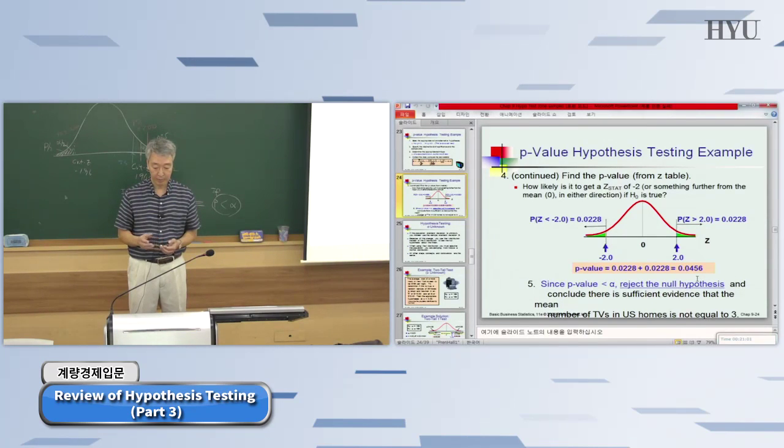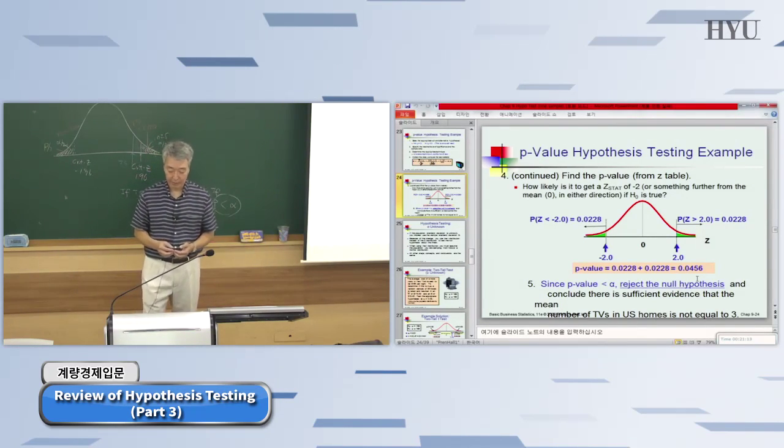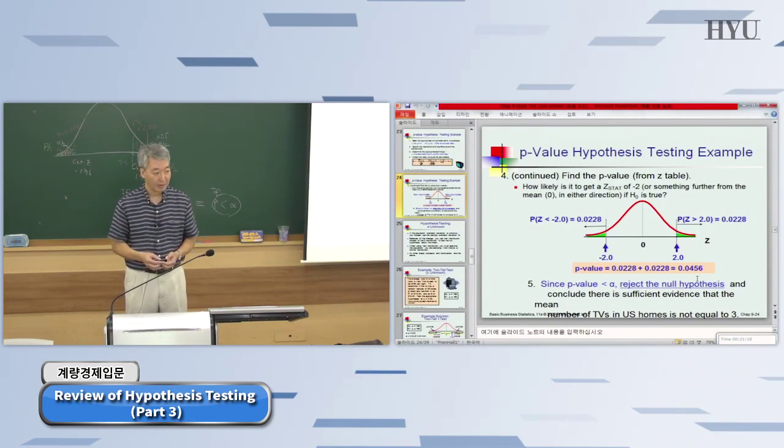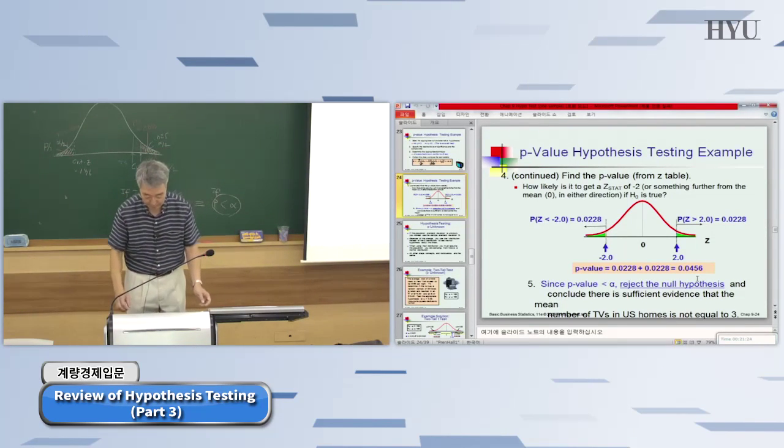You can be up to 95.44% confident, and you can still reject the null hypothesis, something like that, right? All right, when we learn the t-test, you will see the full benefit of that.